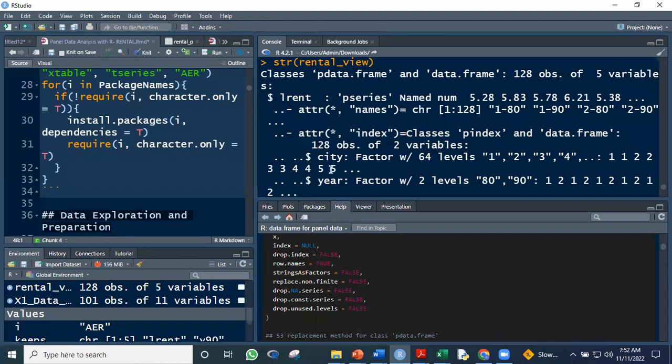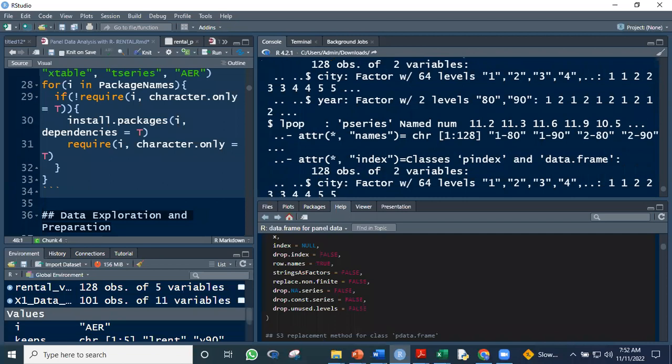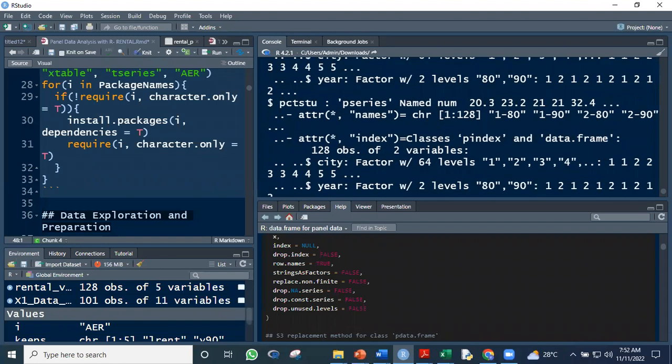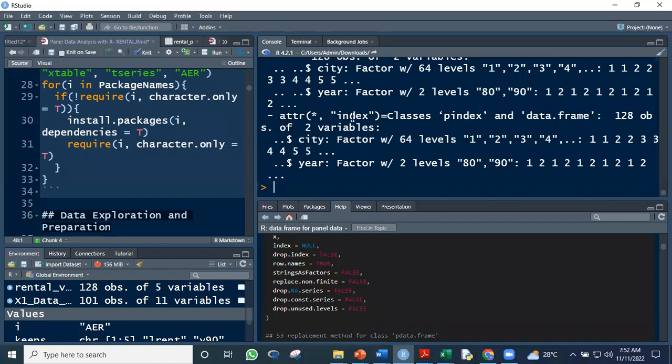You have the city factor and the year also as a factor. And then we have log population. And then you have, okay, what are the others?